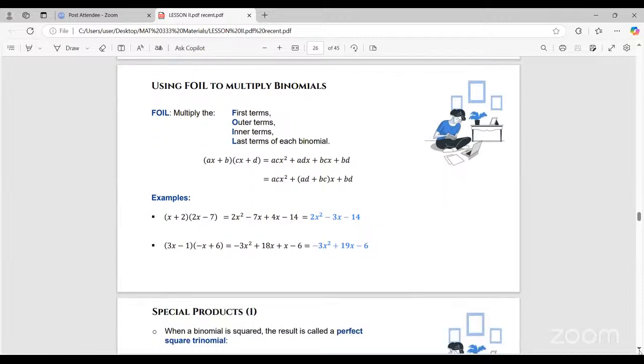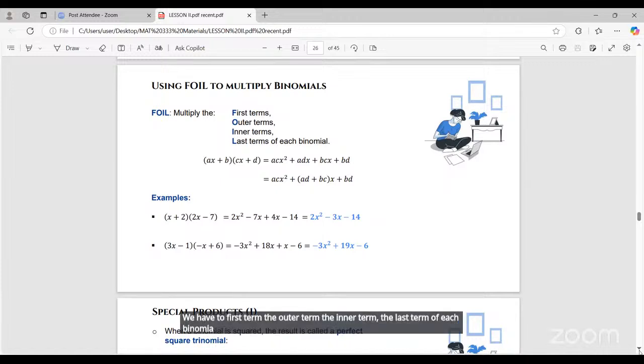Using the binomial theorem, we have FOIL for multiplying binomials. What does it mean? We have the first term, the outer term, the inner term, the last term of each binomial.